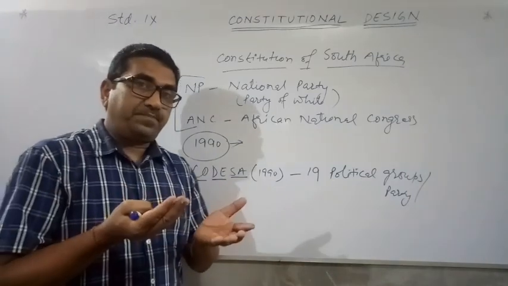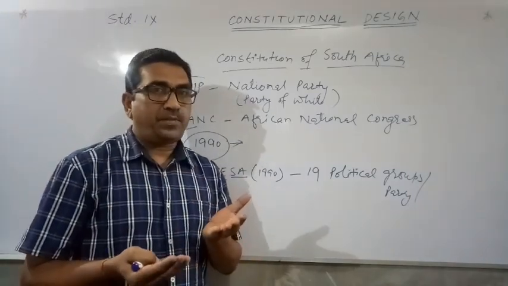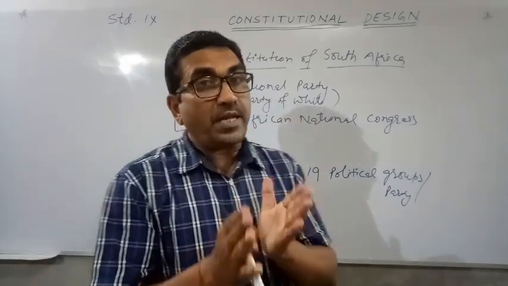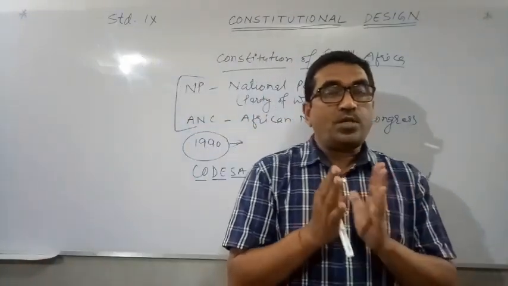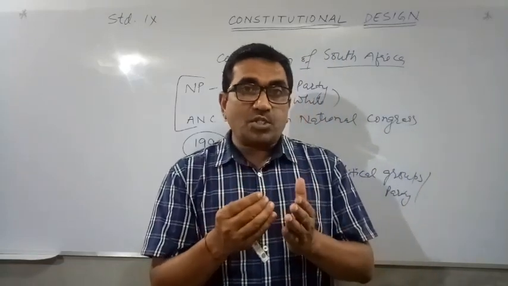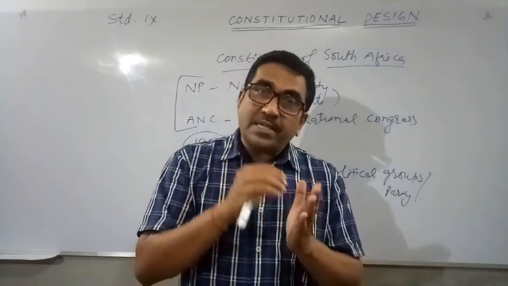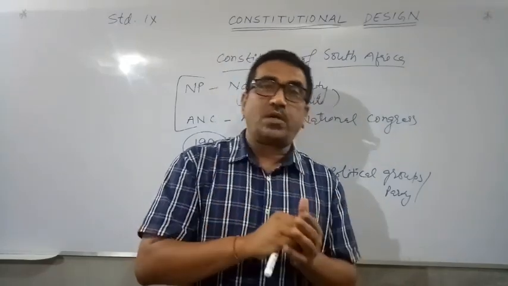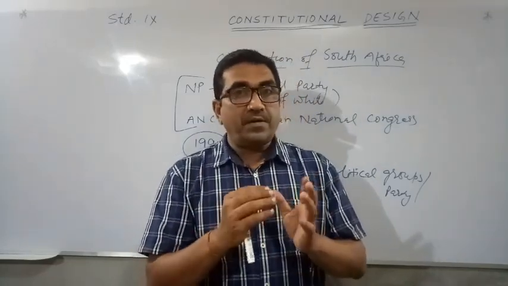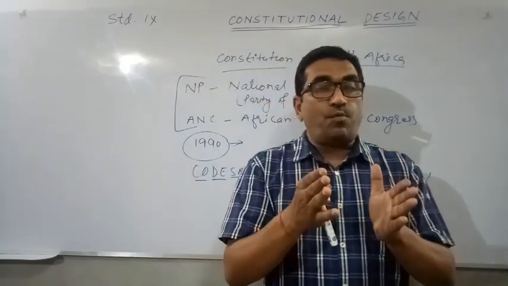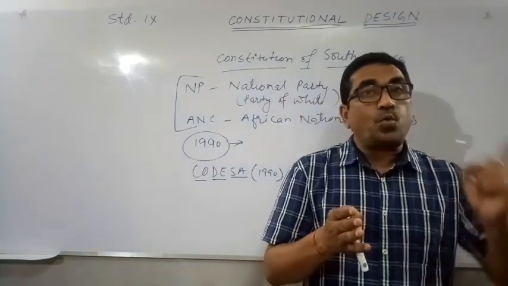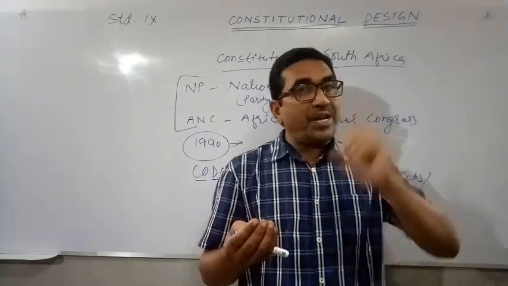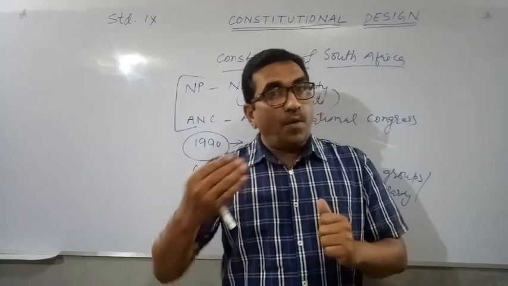Now the questions started coming, because this was totally different from India. Why so? Because we have discussed already that Indians had to make the rules for Indians only. But here there were two groups. One was the ruler, another was the ruled. One was the oppressor, another was the oppressed.